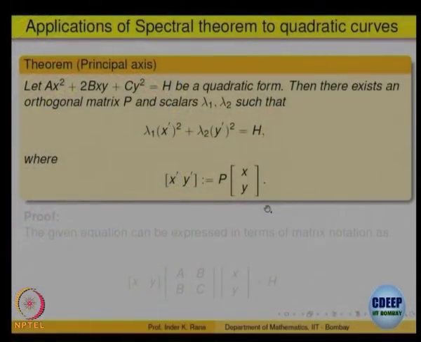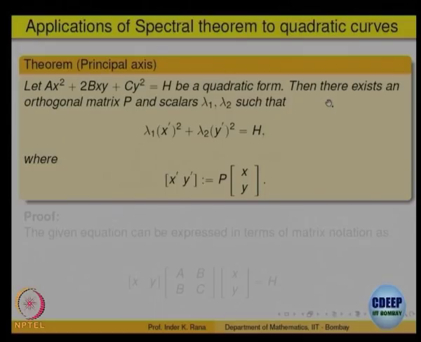Now, what we will do is assume you have already shifted the origin and you have a quadratic curve in the form ax square plus 2bxy plus cy square equal to some constant h. Such things are normally called quadratic forms. So, the canonical form of a quadratic curve is given a name; all such expressions are called quadratic forms.